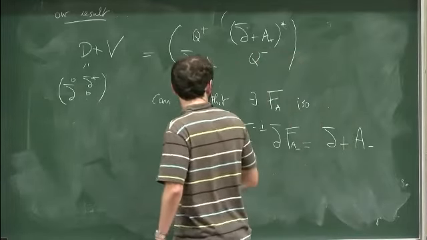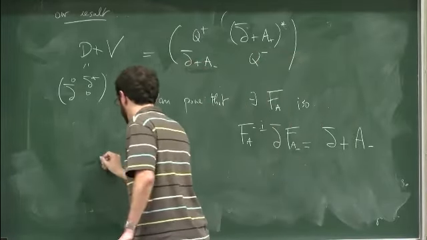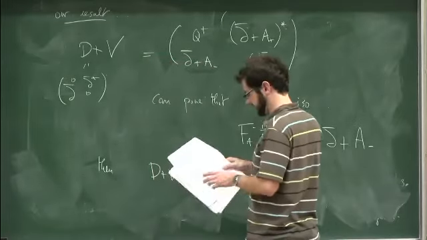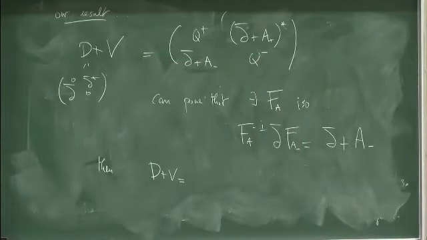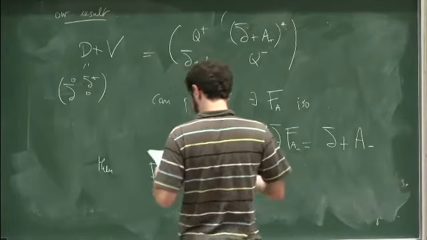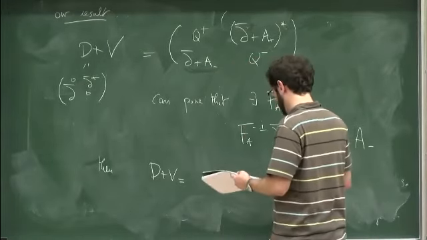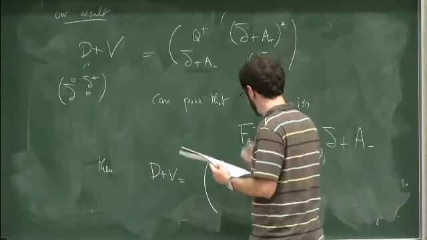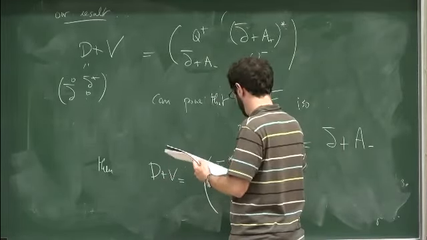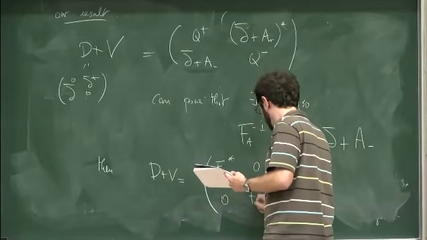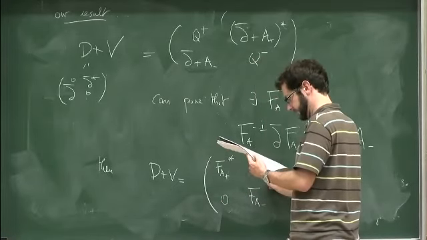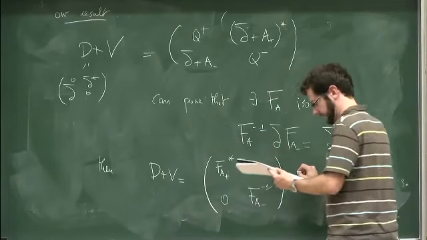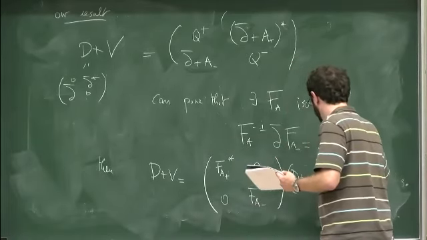So doing this, then we have a factorization. So d plus V is equal to, okay, let me take the notes so that I don't make a mistake. It's F_a plus star, 0, 0, F_a minus 1, d plus, let's call it V tilde.